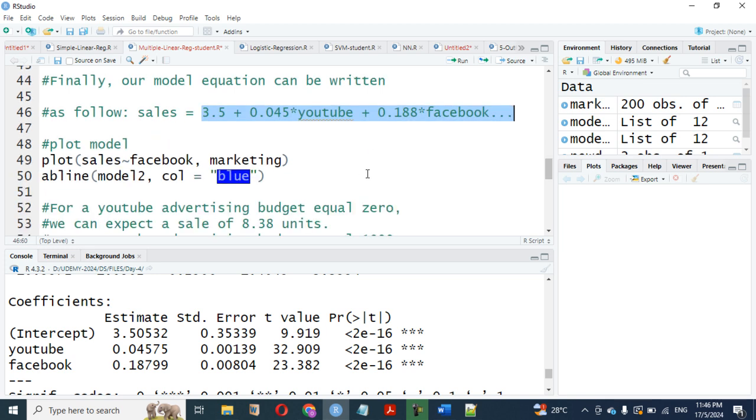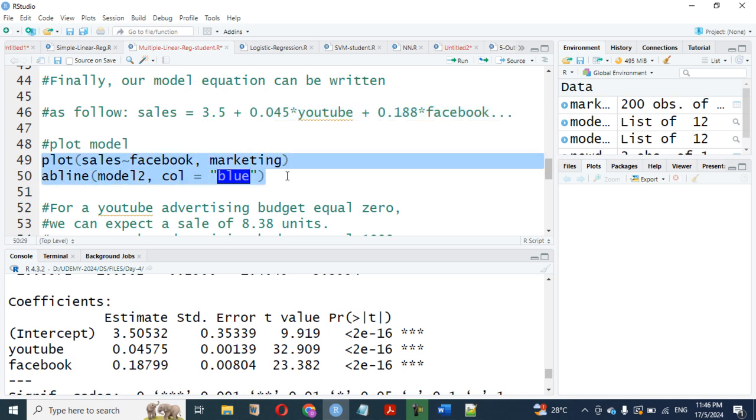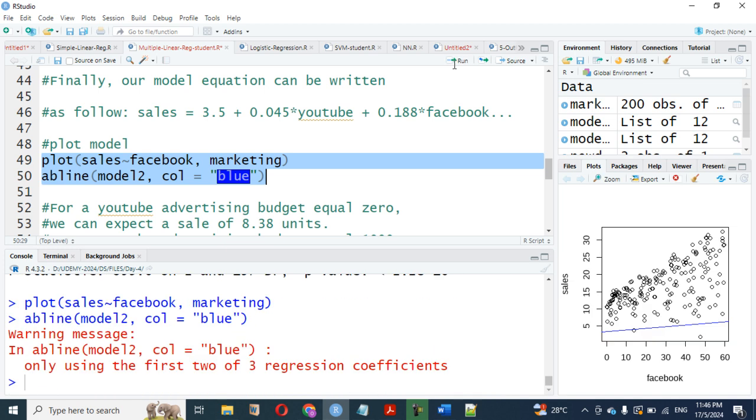All right. So we can test and plot the model and see how it looks for sales against YouTube or Facebook. If you run this line of code, for example, on our model 2, this is what we have. You can see that the slope is not getting much, but if you change it to YouTube, this will probably have higher sales, I mean a higher relationship with the model.